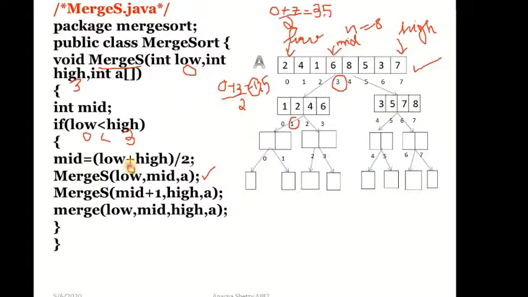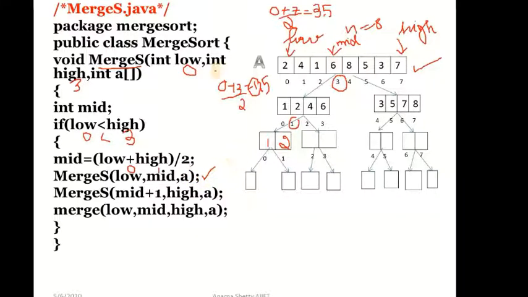Low value is 0, mid value is 1. It will call merges on 0 and 1. So that array has split into this subarray 1, 2. It has called merges on 0, 1 and A. Again this call for merges will be sorted.